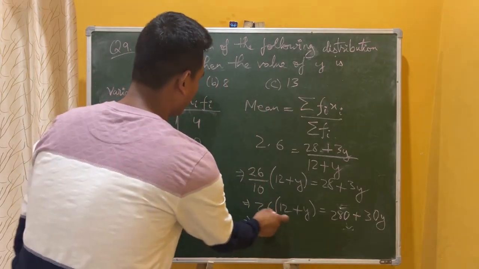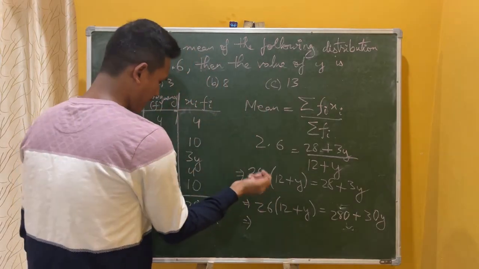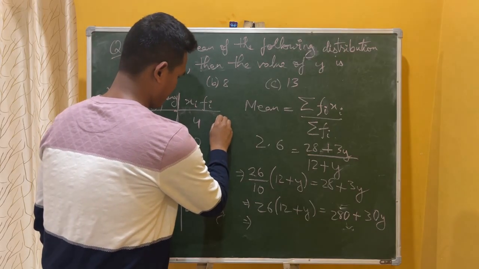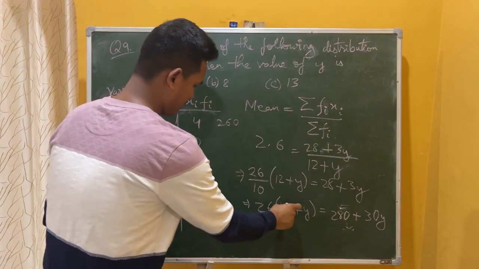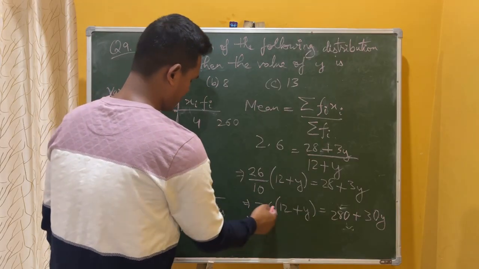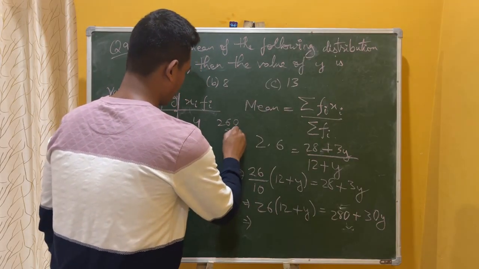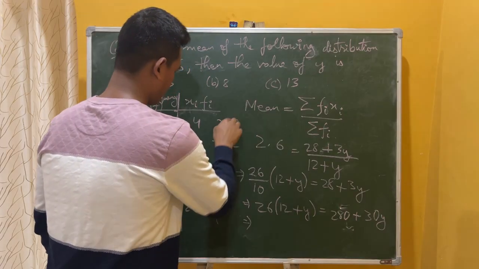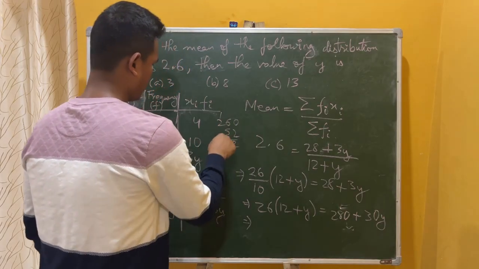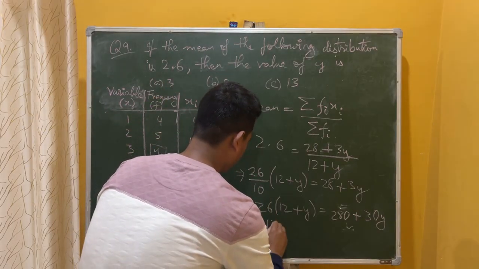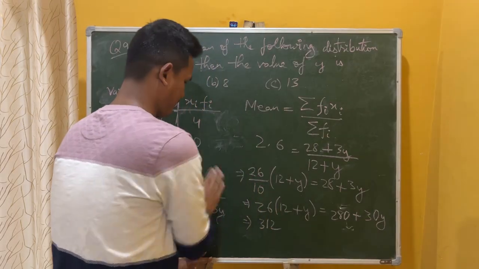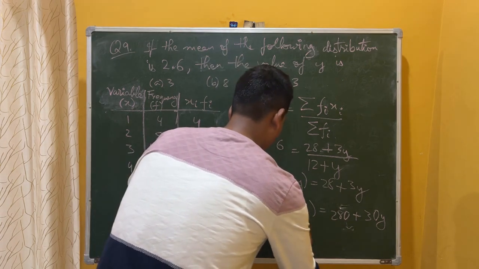So 26 into 12 is 260 plus 52, that is 312, plus 26y.